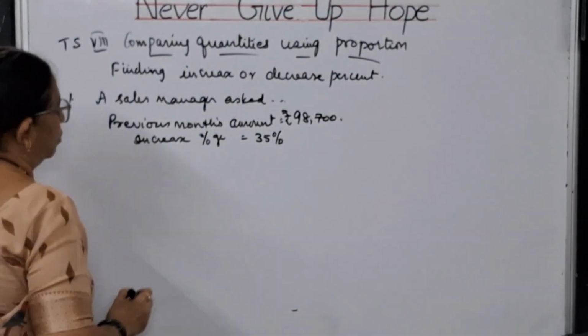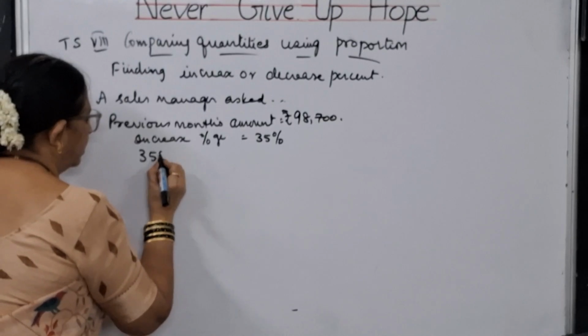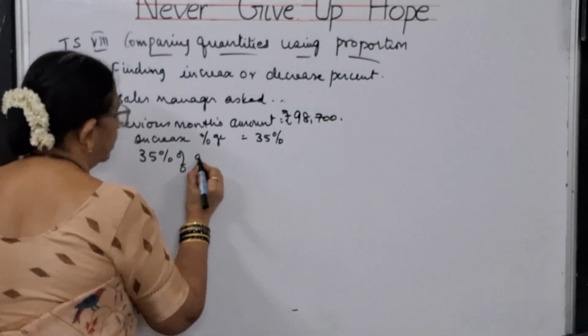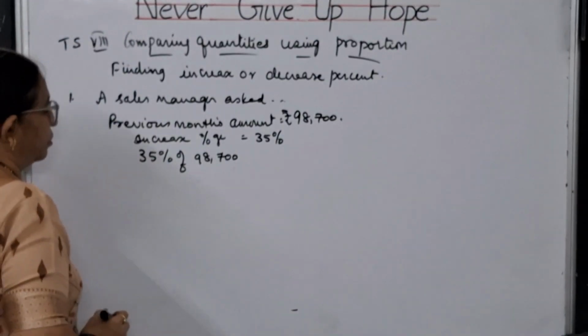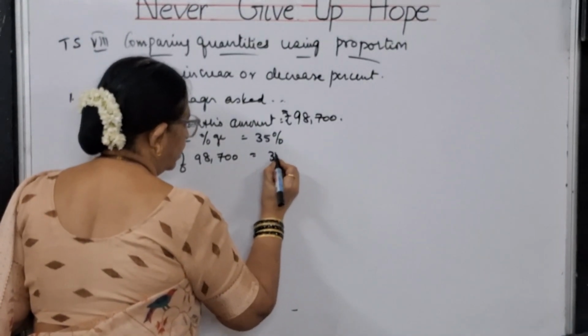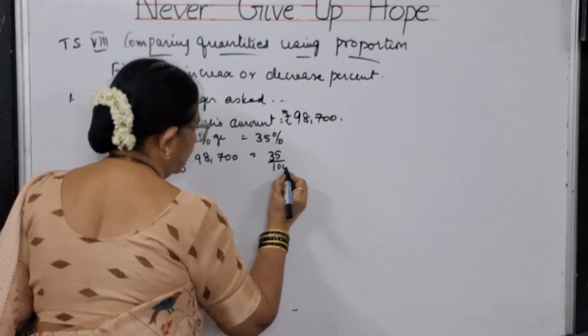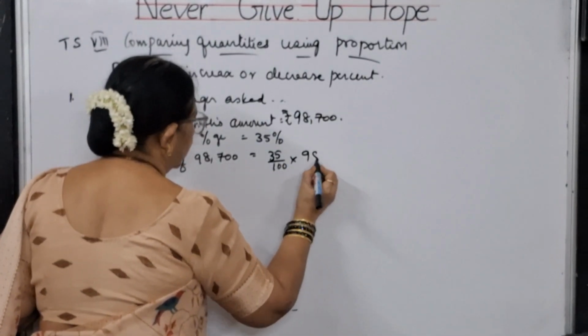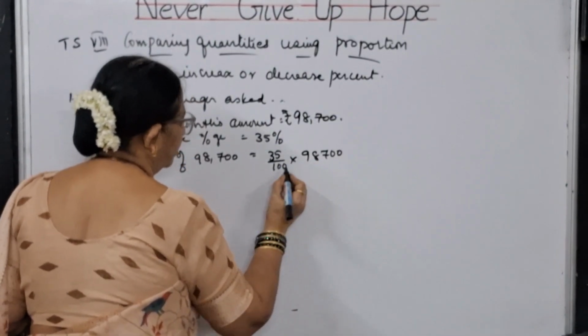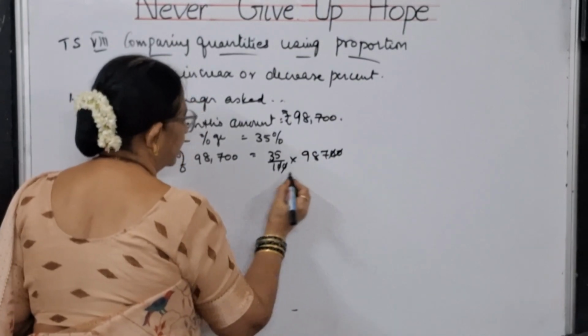So first what you have to do is find 35% of 98,700. How will you find it? 35% means 35 by 100, into 98,700. So two zeros will get cancelled.